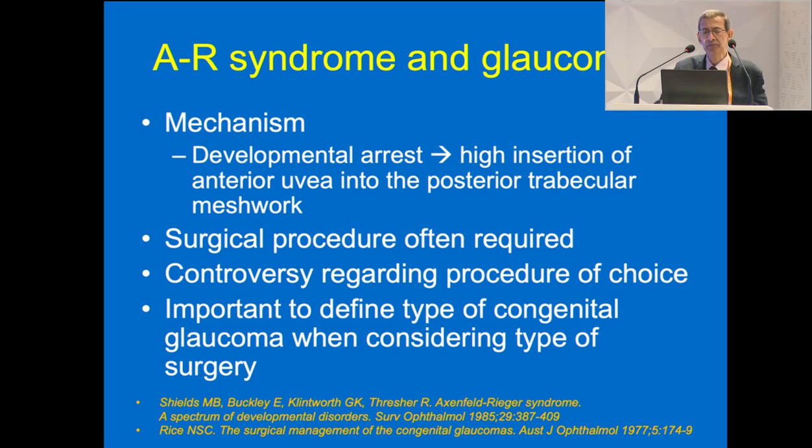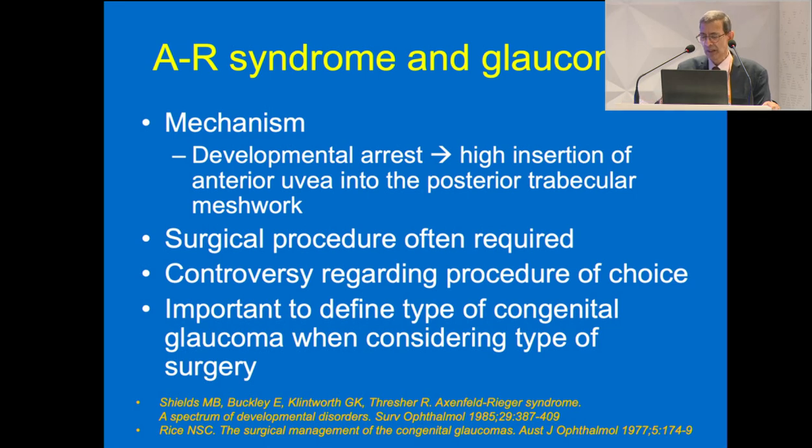The mechanism is, in addition to what happens in primary congenital glaucoma, the iris strand. When presenting at birth, usually early surgery is required, and the surgical outcome is poorer compared to patients with primary congenital glaucoma.